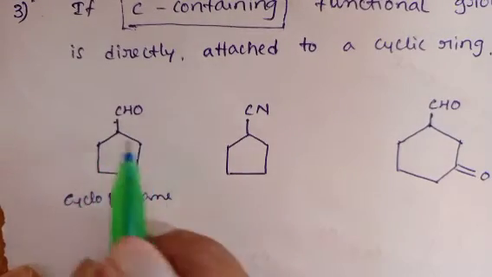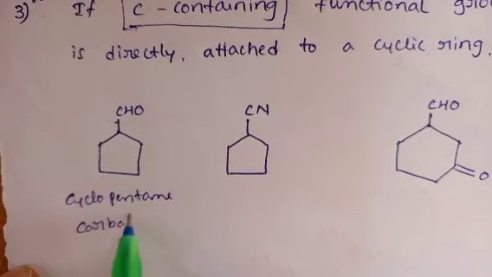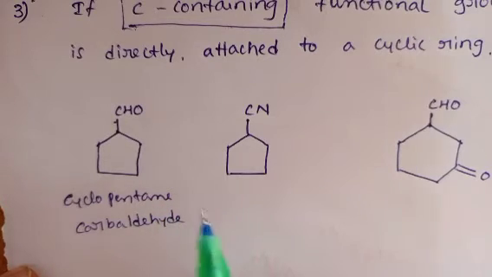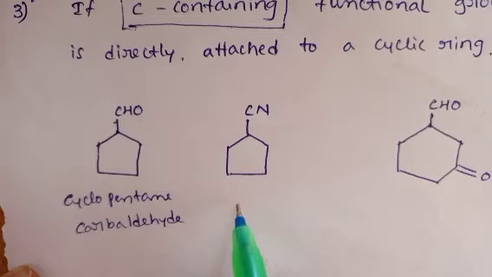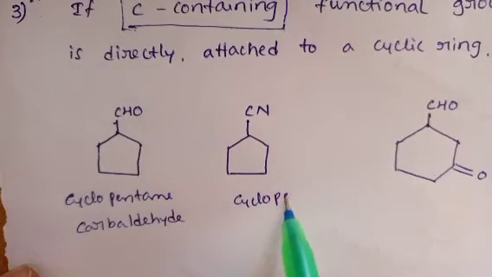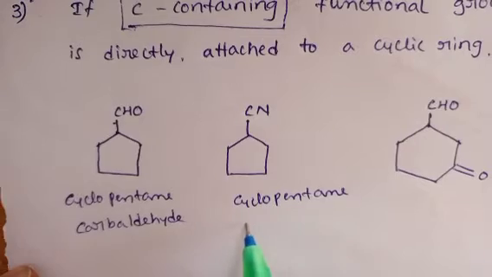This functional group is carbaldehyde. Cyclopentane carbaldehyde. And for CN, what is the name? Carbonitrile. So this compound name is cyclopentane carbonitrile.